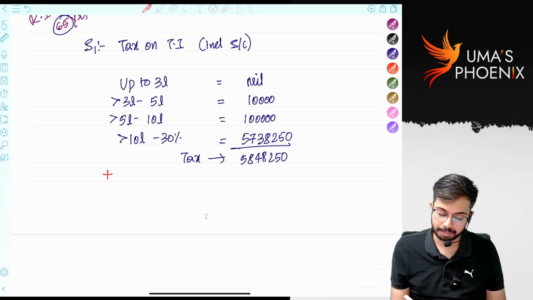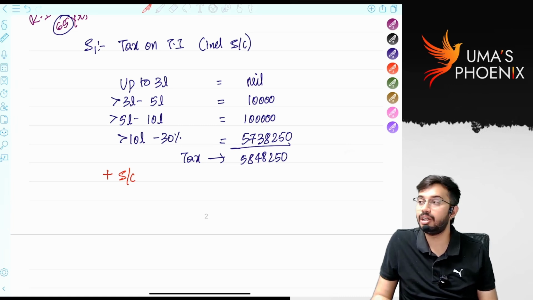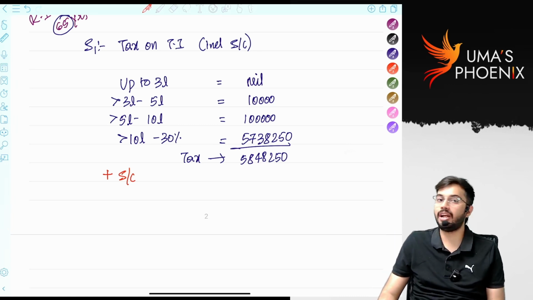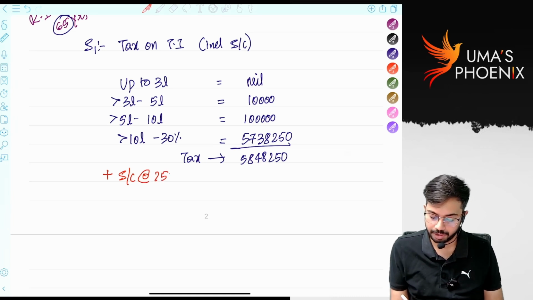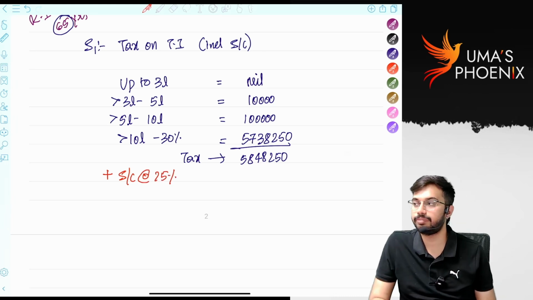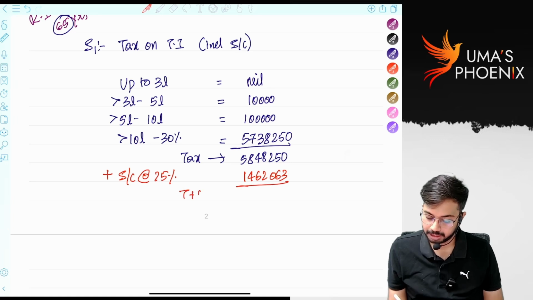Whether surcharge is applicable? What is the rate of surcharge? 25% because total income is greater than 2 crores. Surcharge at the rate of 25%. How much? So tax plus surcharge is 73 lakh 10,000.